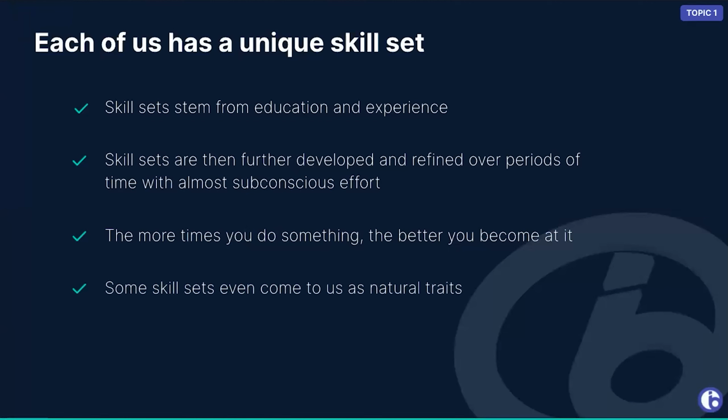Now some skill sets even come to us as natural traits. So the skill set of riding a bike, balance, speed, understanding. Some of these will have been natural to some kids and not so natural to others. Now, this more specifically when we're talking about business can mean lots of different things.